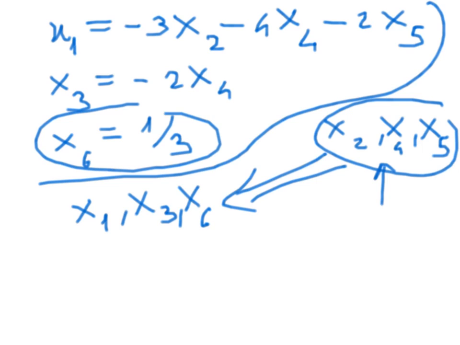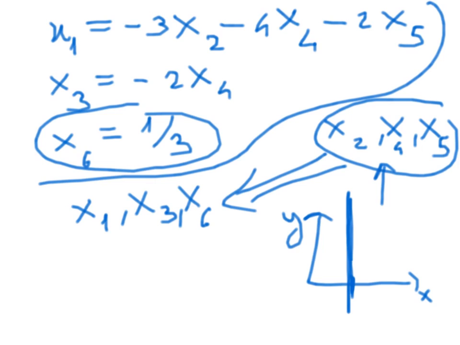You can see x6 is not really very impressive. It's like when you have a 2D space and you fix the value of x. If you fix the value of x, you are just decreasing the dimension of your space by 1, because you are saying, well, every point will be on this line.